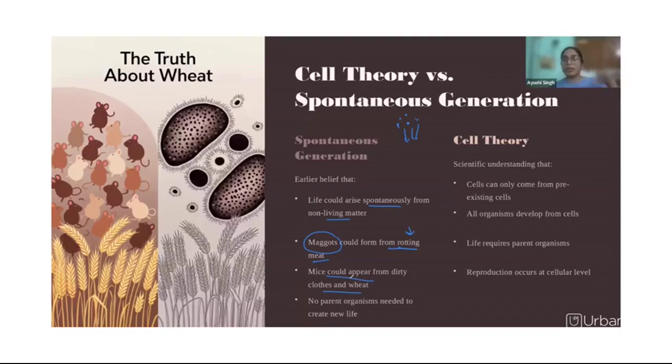People used to think that if you keep your dirty clothes in a cupboard or some place for a very long time, mice would grow, or basically be born from that. That is a completely wrong belief, and that's why cell theory was established. And no parent organism needed to create life, that is such a wrong statement.